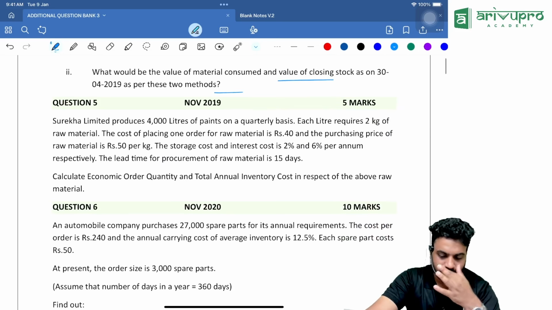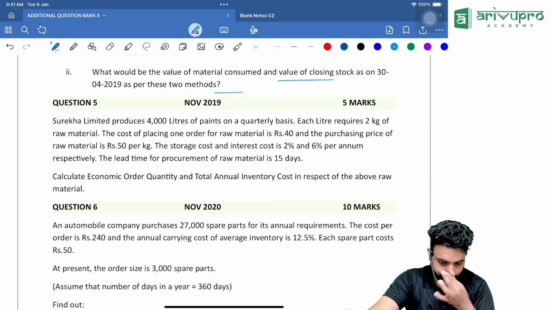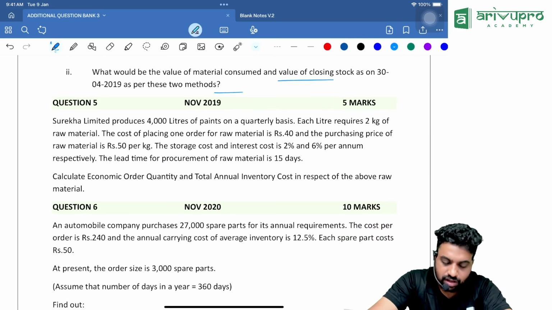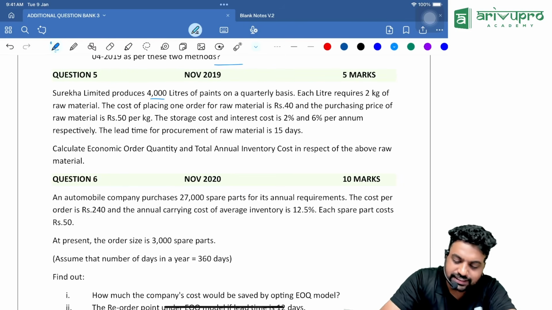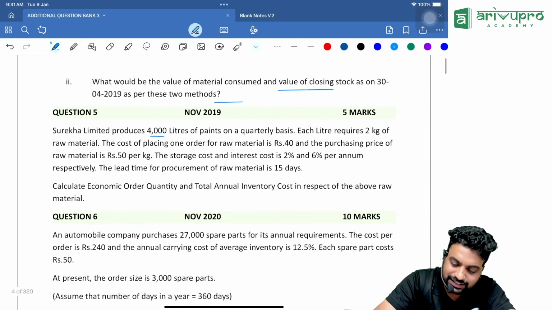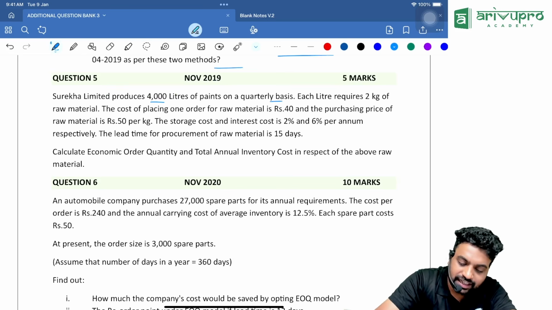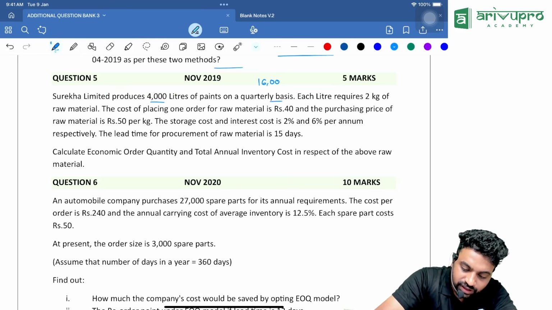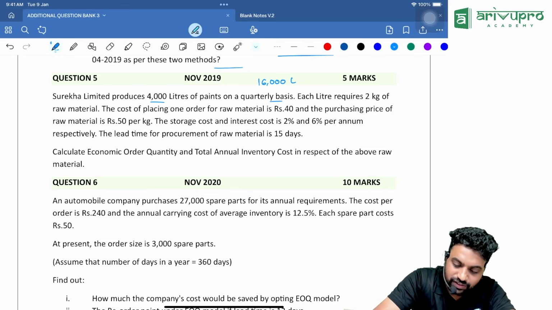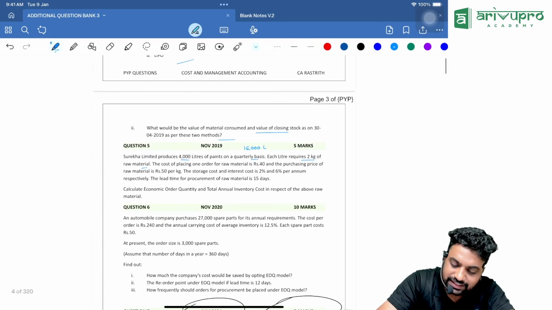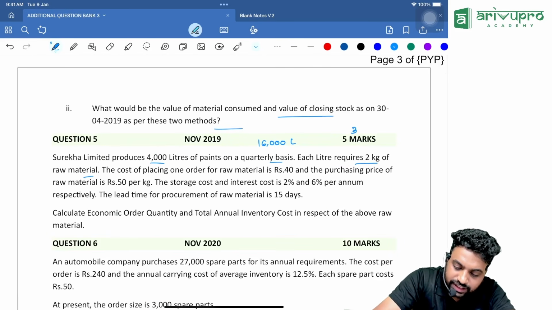Shall we go to the fifth one then? Sureka Limited produces 4,000 liters of paints on a quarterly basis. So, in a year, they are producing 16,000 liters. Each requires 2 kg of raw material, which means 16,000 requires 32,000 kgs of raw material.